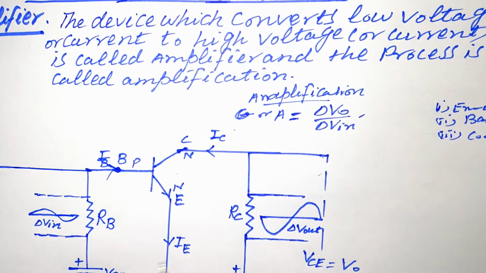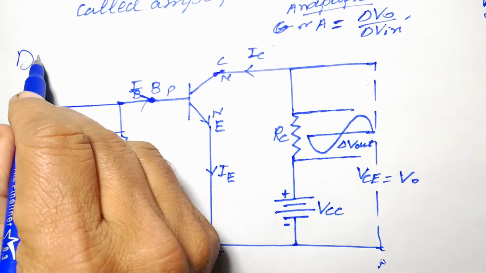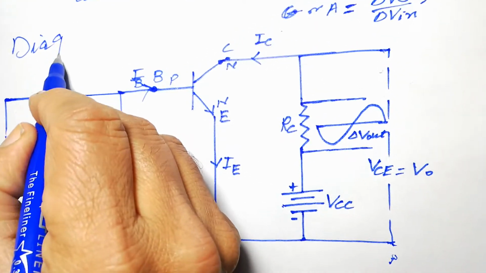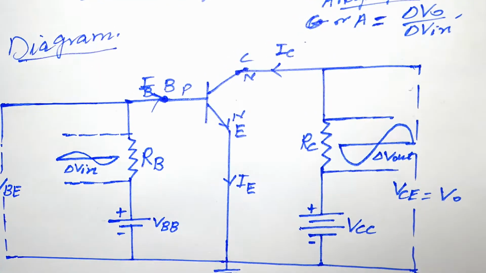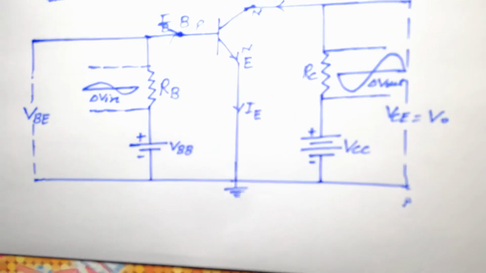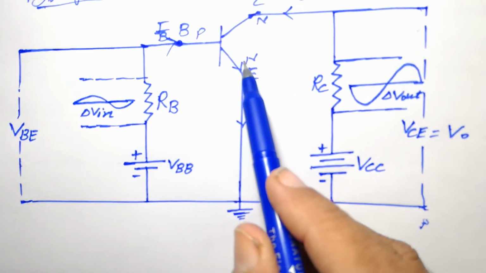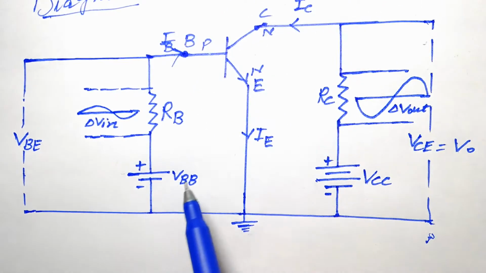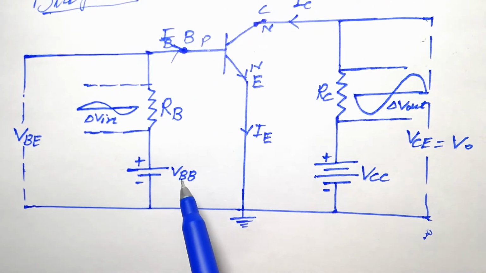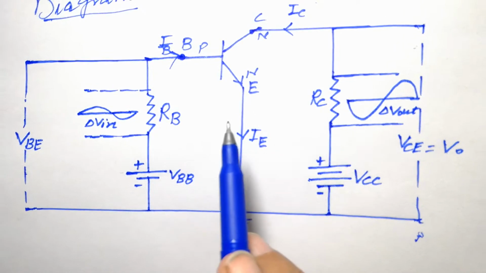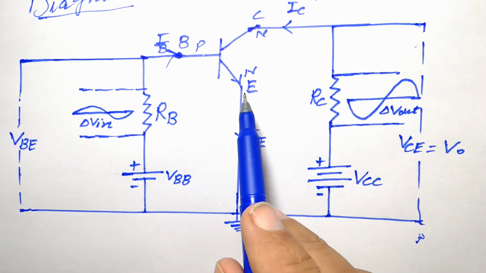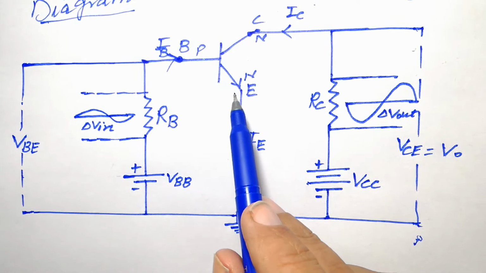And now come to the diagram, students. The diagram of a transistor as an amplifier. We have the NPN transistor, and in this case, the configuration used is the common emitter configuration.